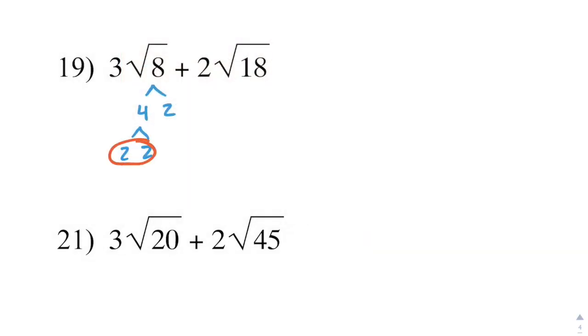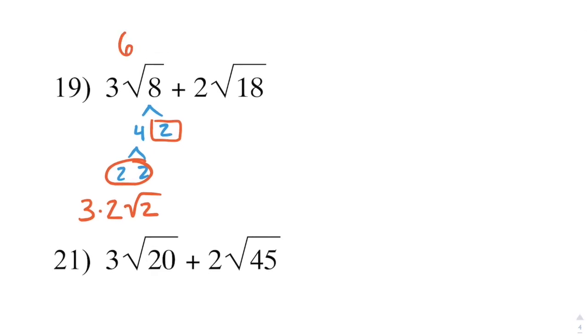So here I have the original 3 that was on the outside, one more group of 2 I pulled out, and what's left over is the square root of 2. That is going to end up being 6 square roots of 2. I'm going to write it right above. So 3 square roots of 8 is equivalent to 6 square roots of 2.